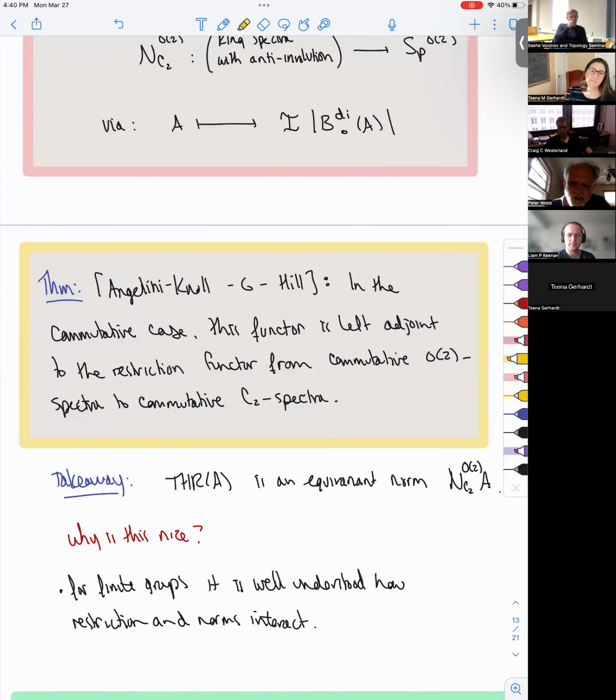Is this a situation where the right adjoint is not the same as the left adjoint, where you've got finite groups, finite index? Yeah. So you know it to be different, do you? I believe so.